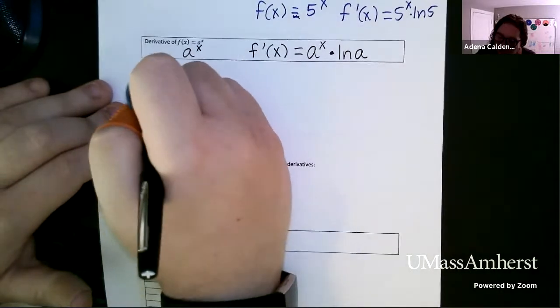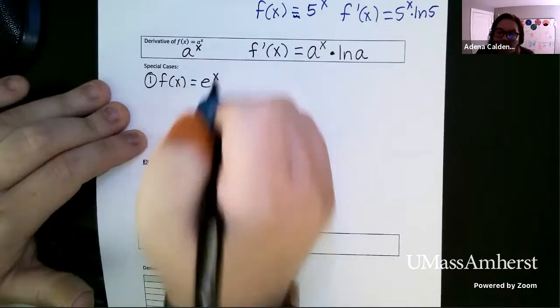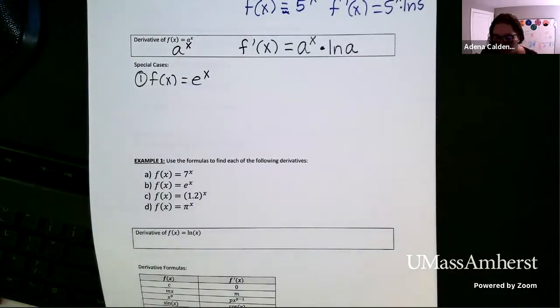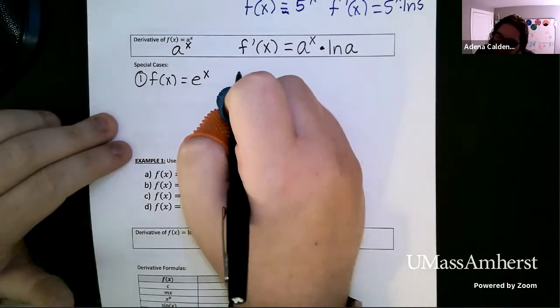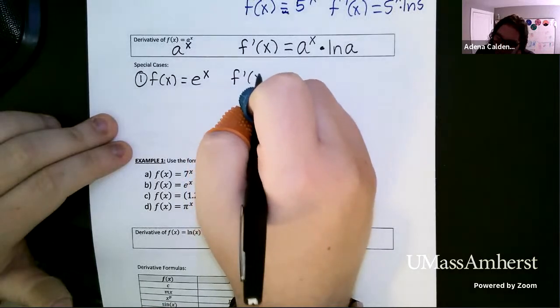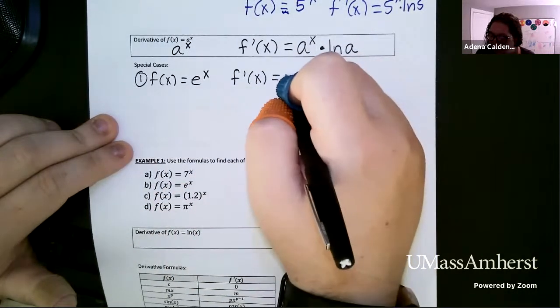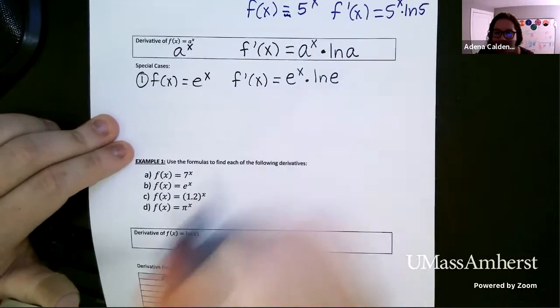So the first one is if you have e to the x. So e to the x is an exponential function. E is approximately 2.71. If we apply our formula for the derivative here, it says we're going to get the same thing back times the natural log of the base.